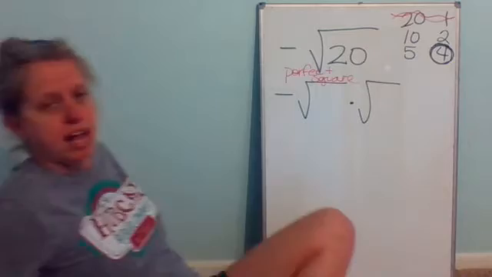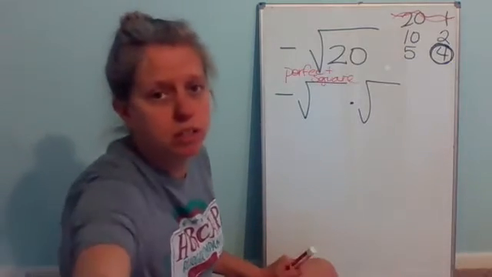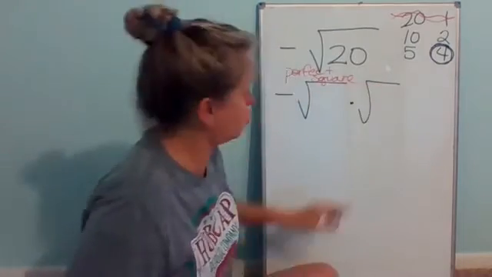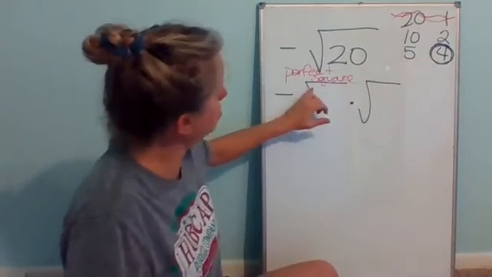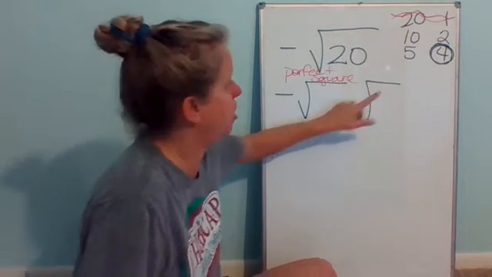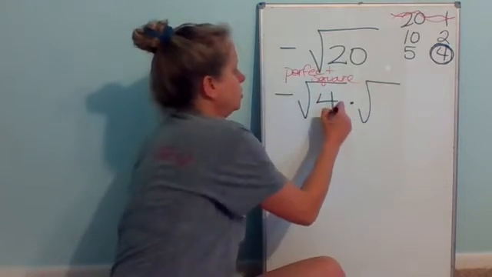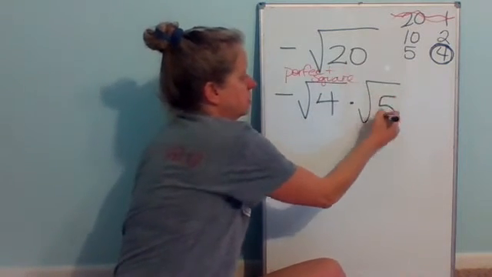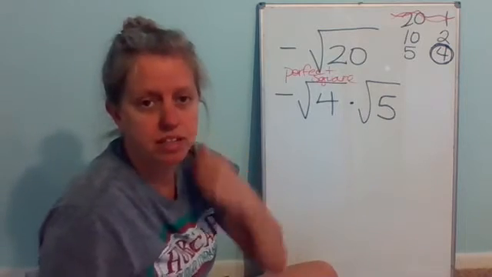But what about this number? Okay, so you've got the square root of 4. That is a perfect square, which means it goes in your first square root, right? That's where your perfect square goes. So 4 here, 4 times blank is 20. So that's your 5.